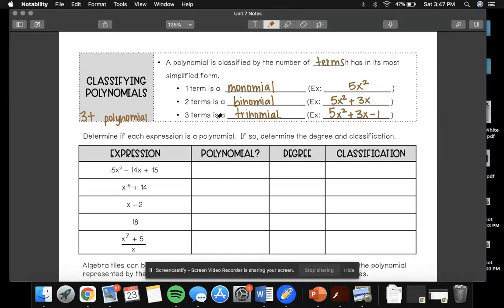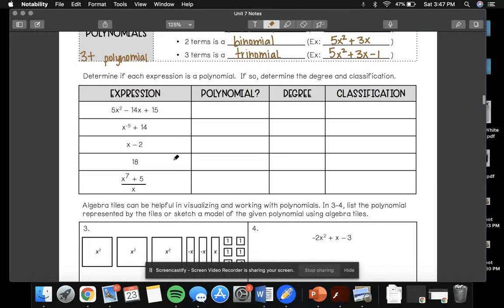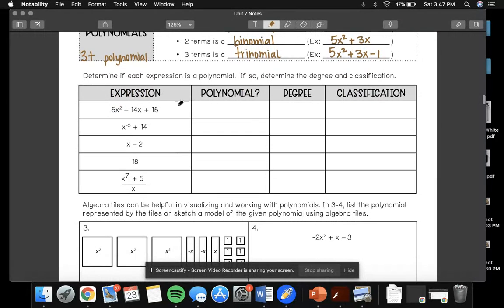In Algebra 1, we spend a lot of time talking about trinomials and binomials, so that's why we're focusing on classifying them specifically. So first, we are going to decide if these expressions are polynomials. If they are, we're going to identify the degree, and then we'll classify them as monomial, binomial, or trinomial.